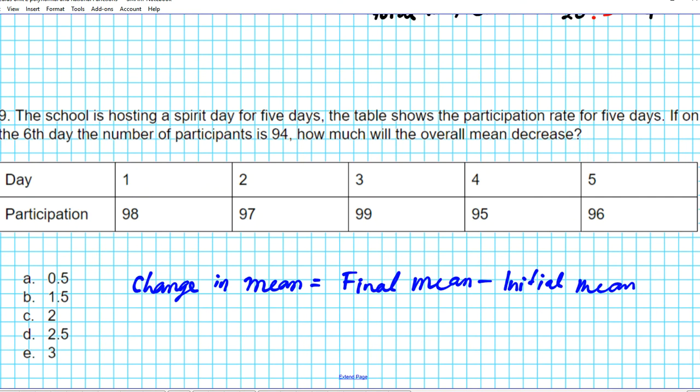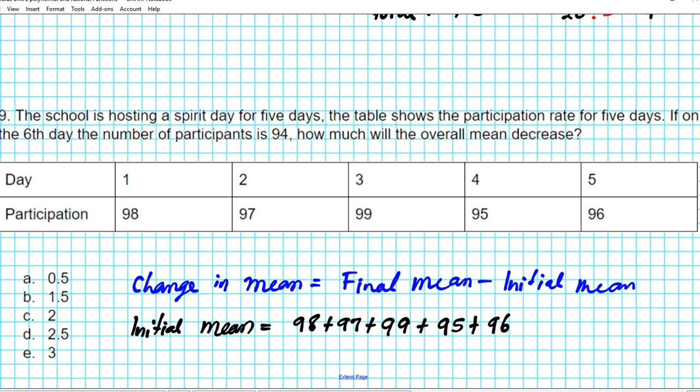Okay, so let's start by finding out the initial mean. The initial mean, using the mean formula, we talked about this earlier, the same thing as the average formula, is going to be 98 plus 97 plus 99 plus 95 plus 96. So 1, 2, 3, 4, 5.